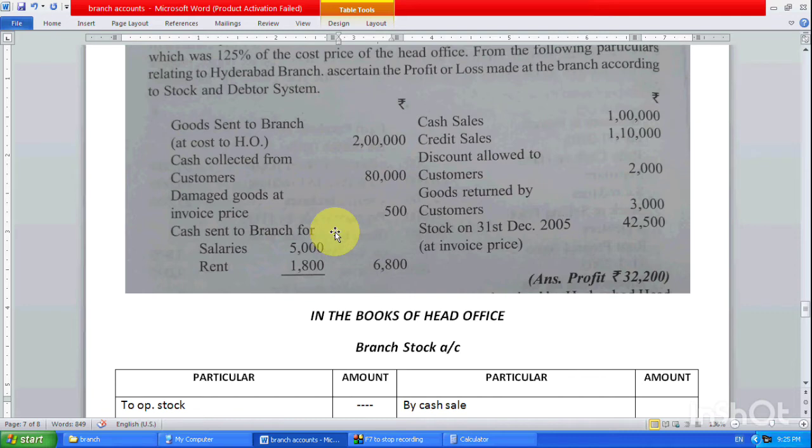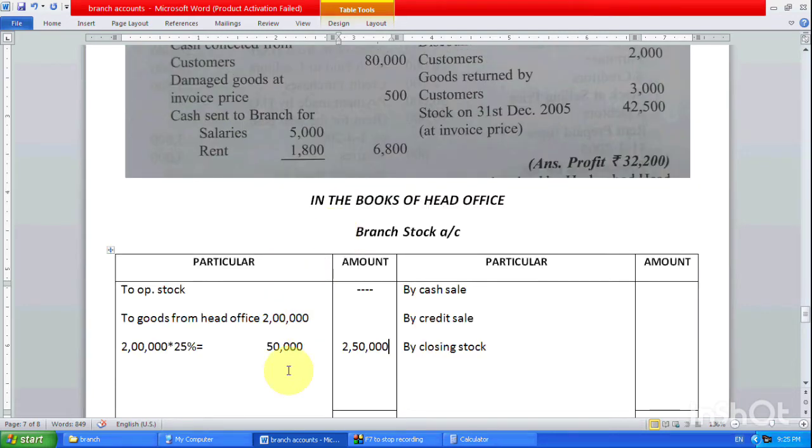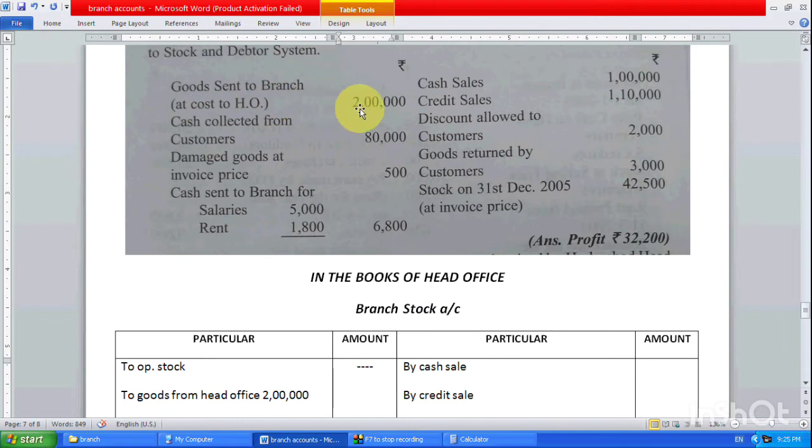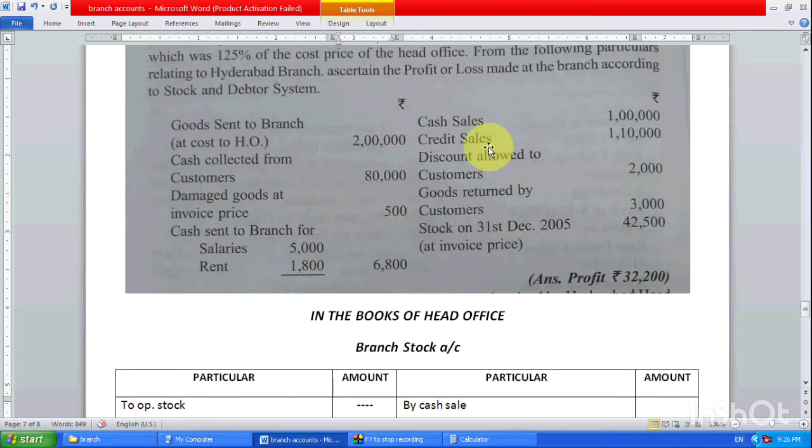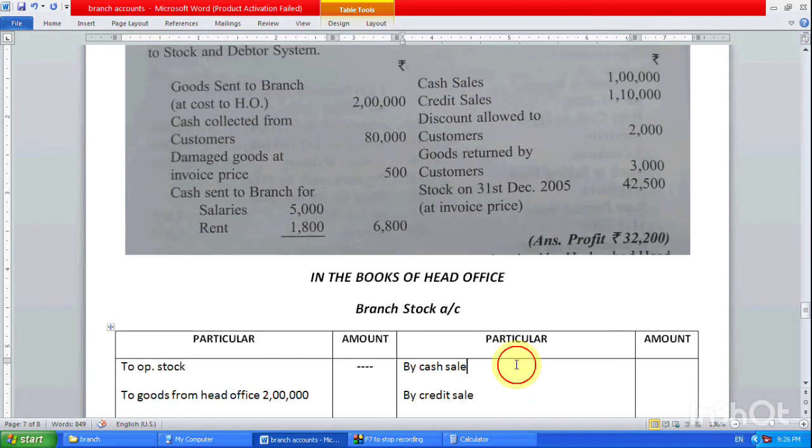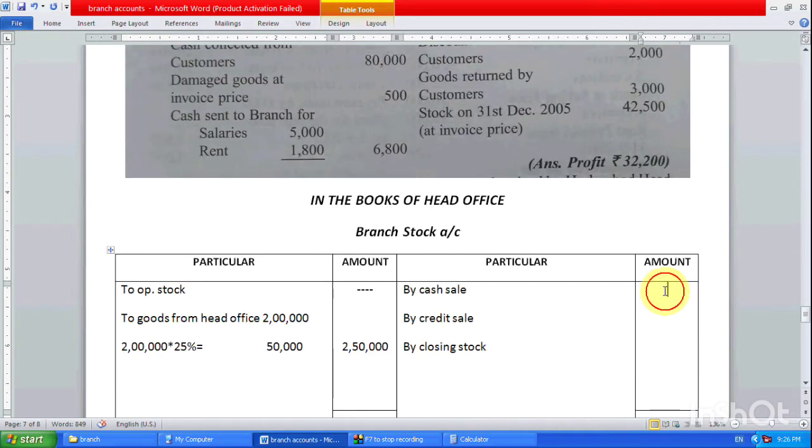Now cash collected is not required here, nor damaged goods at invoice. Here this is the branch stock, goods sent. There is no opening stock. Damaged goods at invoice price, cash sent to branch is also there, and cash sales and credit sales are there.